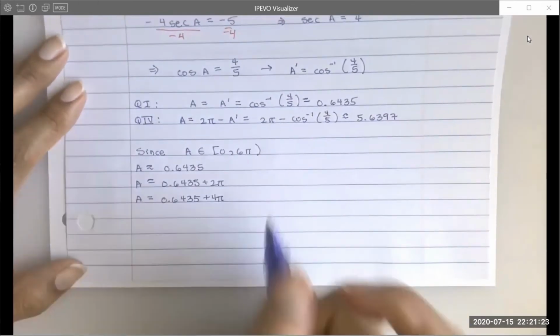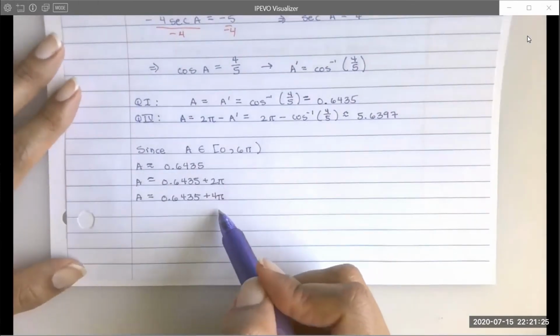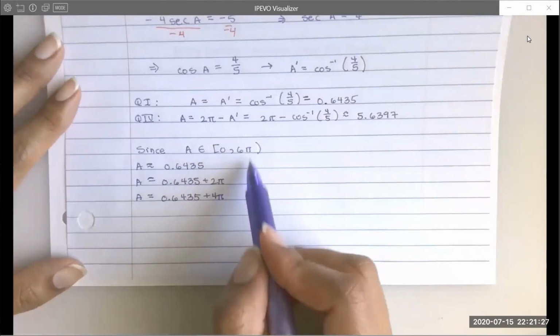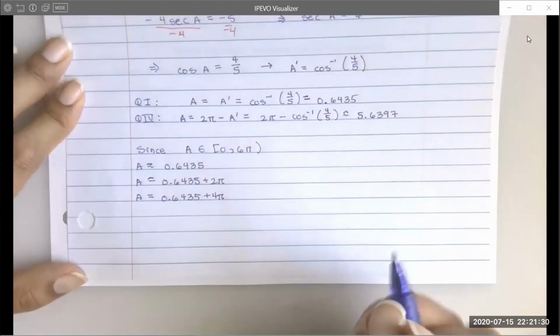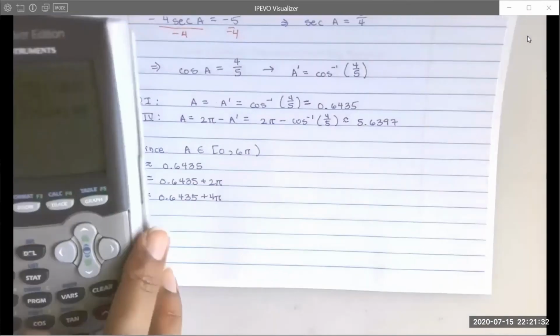Of course, we wouldn't go to the next cycle because that would be 6 pi, which is greater than the allowed range. Okay, so let's see what that gives us.